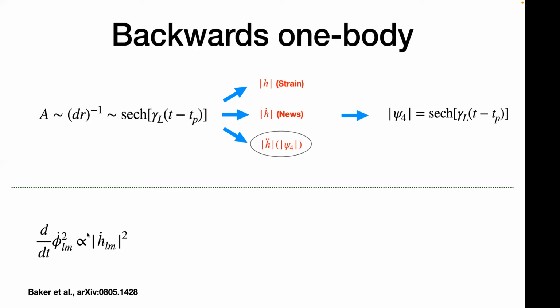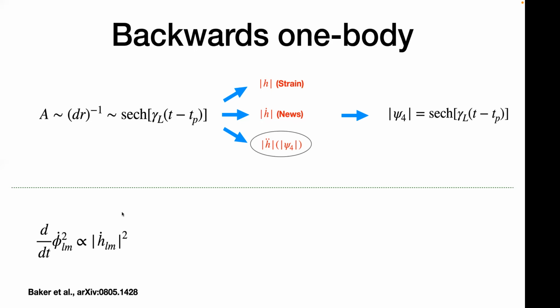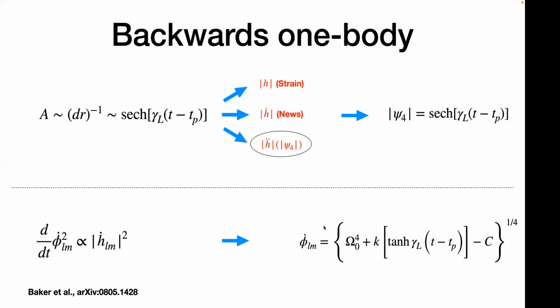So far, I still don't have a good intuition on this relationship. But by combining this relation with the amplitude of Psi4, we can get the evolution of this phase. So at the end of the day, we can combine those two results, and we can have a complete Bob model.